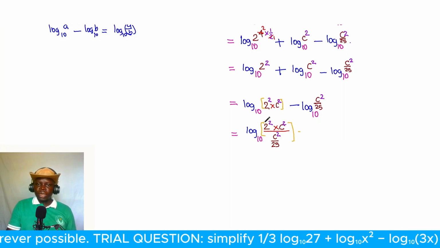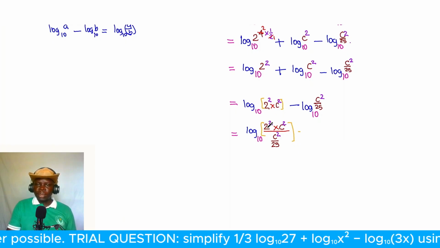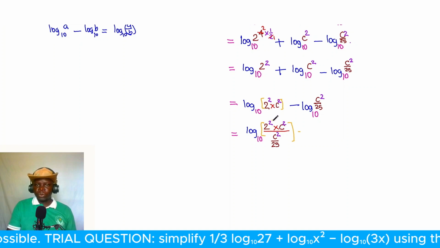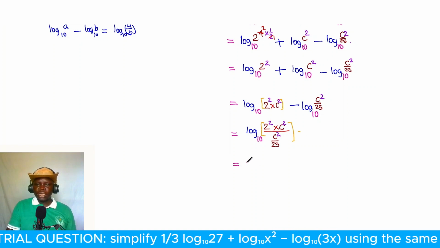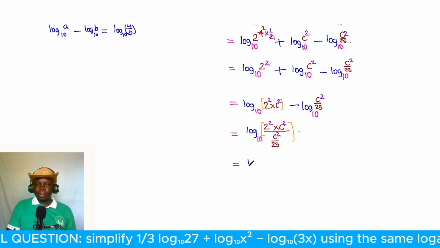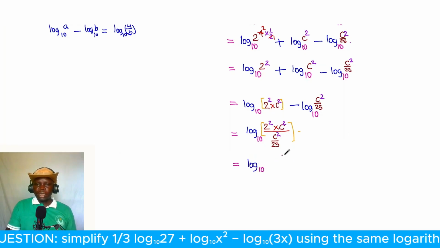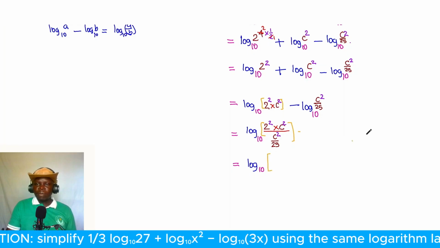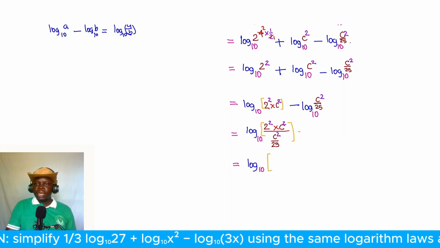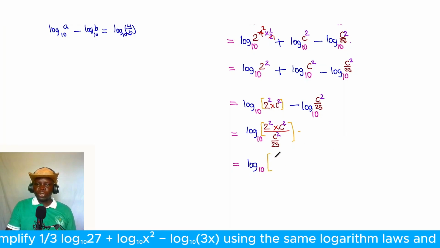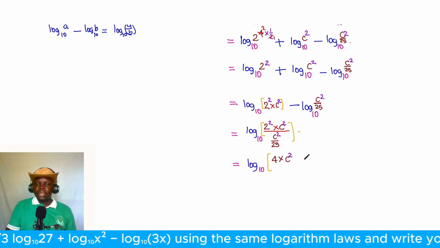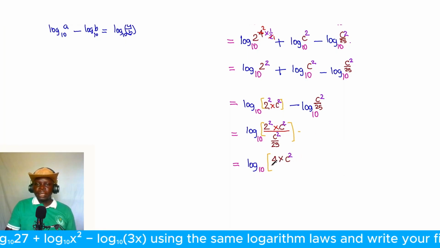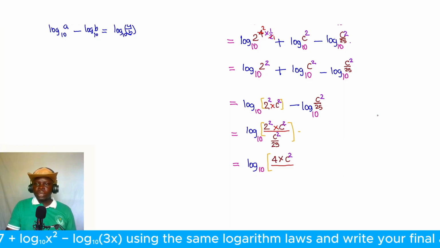We can move on and reduce this to a single number. Of course, 2 exponent 2 is 4. So let's continue simplifying, saying we have a logarithm to the base of 10, and here the numbers from the numerator have reduced down to 4 times c, and this is squared, so we're going to divide this by our c squared also.